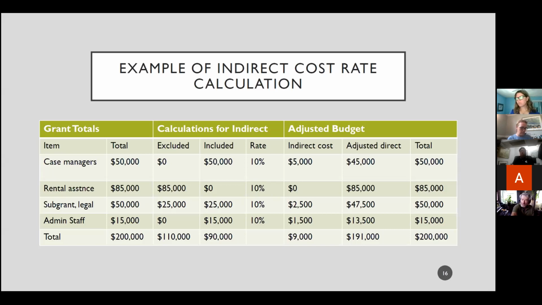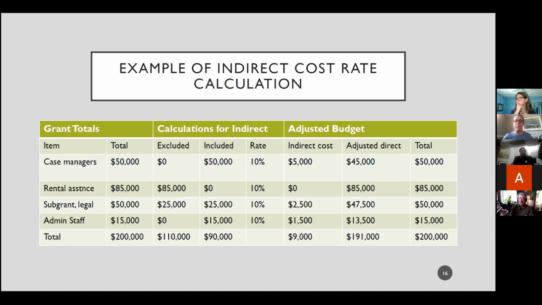Then we're going to calculate which of these costs we can claim indirect costs on. As we went through, case management is a supportive service that you can claim indirect on. There was $50,000 included in that budget line. We're talking about 10%, so we can charge $5,000 in indirect costs on that case management line.